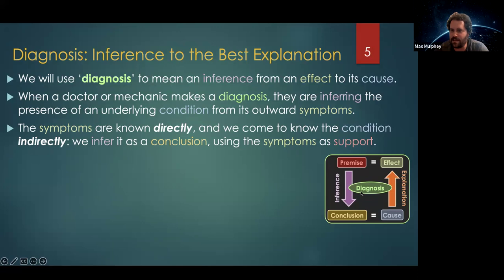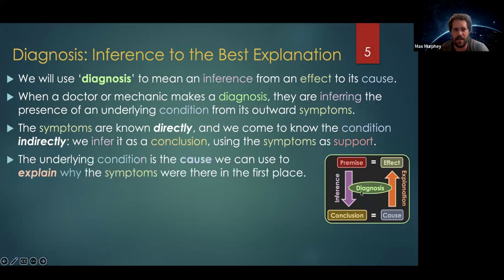And at this point, I think it's going to be helpful to bring in this diagram here. Let me add one more bullet point first. The underlying condition, such as having a virus or having a bad spark plug, that's the cause that once we know it, once we infer it, we can use it to explain why the symptoms were there in the first place.